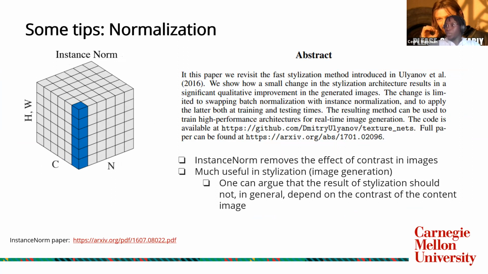It considers only one instance, and the way it performs this normalization is that you need to remove some contrast for models such as stylization models. I think we'll discuss such models in the upcoming lectures, but it's also something that you may want to try.